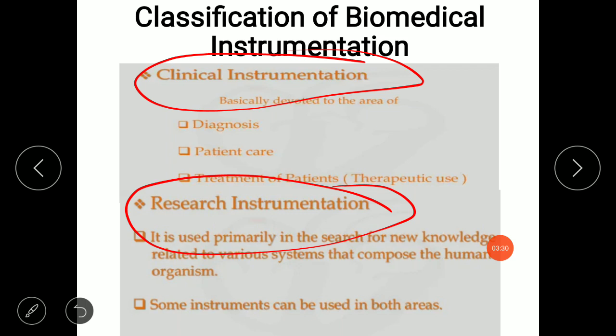On the other hand, research instrumentation is normally more complex, more specialized, and often designed to provide a much higher degree of accuracy, resolution, etc. Moreover, clinical instruments are used by physicians or nurses, whereas research instruments are generally operated by skilled technologists whose primary training is in the operation of such instruments. So this was the difference between clinical and research instruments.